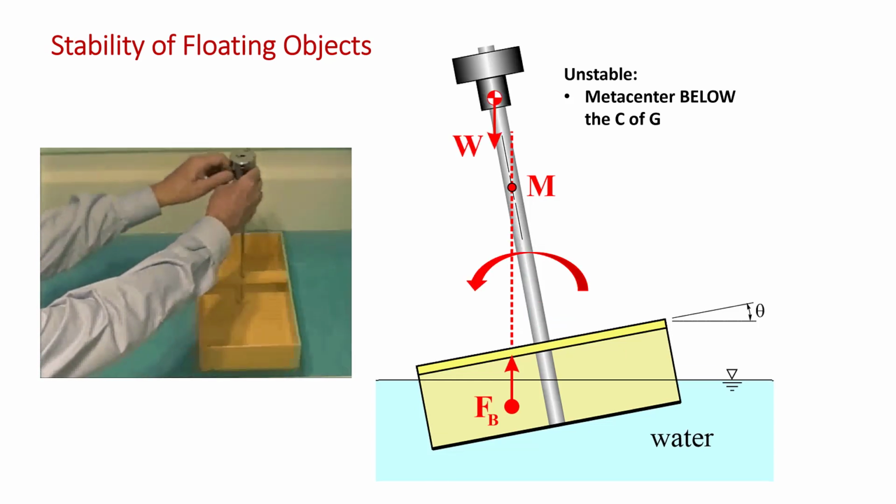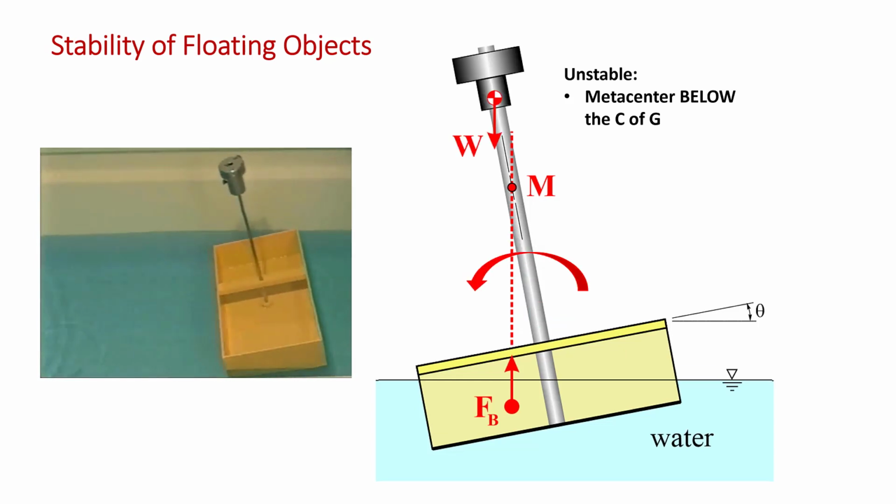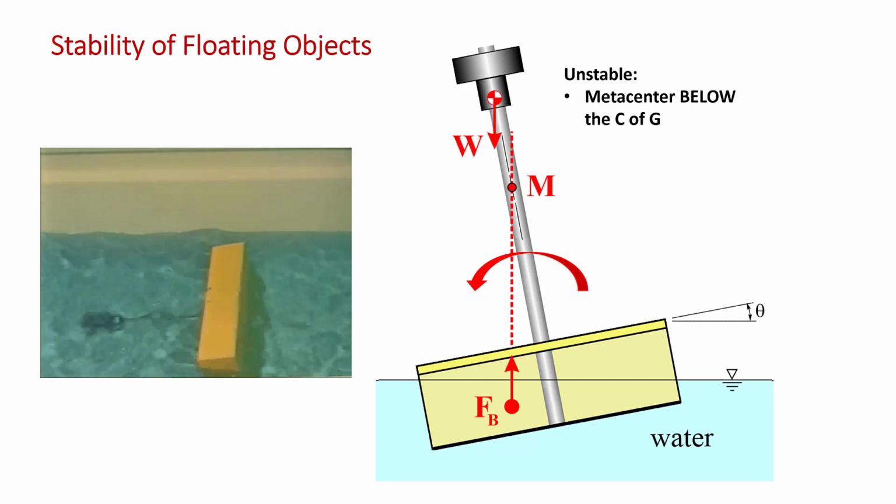But eventually, if you raise the weight enough, the weight moves above the metacenter, and the moment produced by the weight and the buoyancy force act in the same direction as the initial tilt, overturning the boat. In a real situation, you could easily imagine a small boat tipping over in this way because, for example, everyone went to the upper deck at the same time.